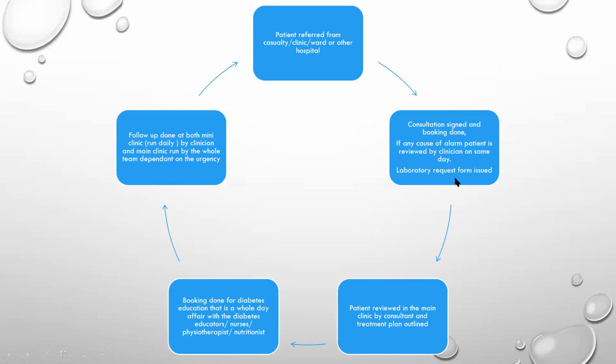After that, before the patient goes away, we usually request the clinician to request the patient to go with a laboratory request form, so that by the time they're coming back, it is an easier way of reviewing. You don't want to see the patient for the first time, and then tell them you need to go and come back with a kidney function test so that I can decide which medication to give you.